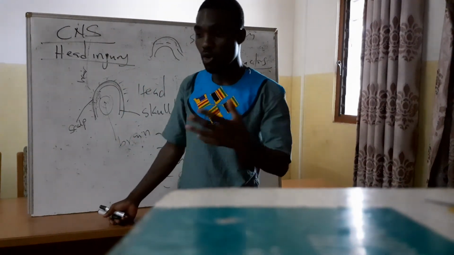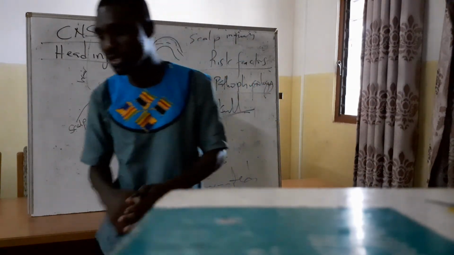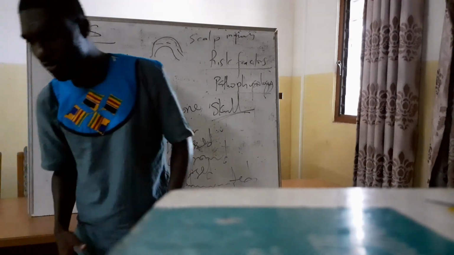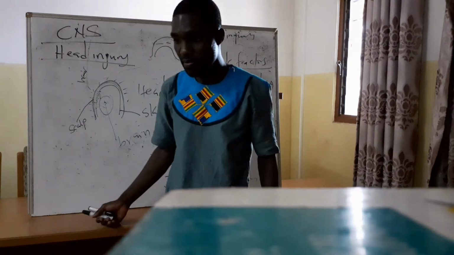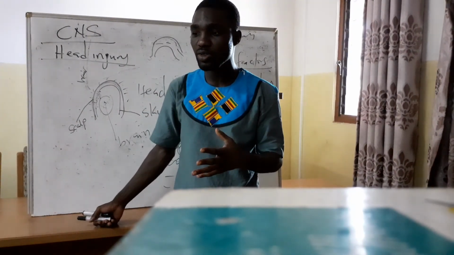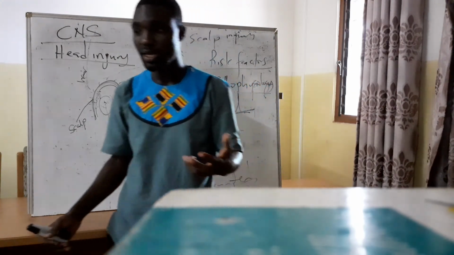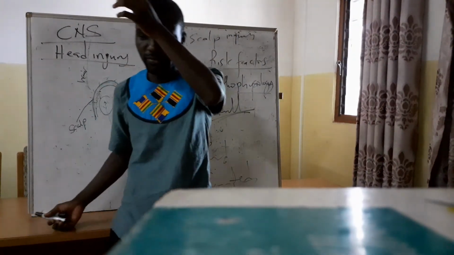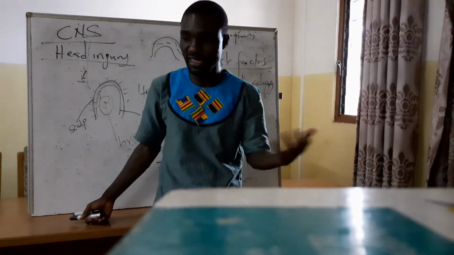We can also have comminuted skull fracture where the skull bones break into pieces, right? And that is what we term as comminuted skull fracture. Okay, so we can read on the others. Apart from that, it can also be classified based on the location. Skull fracture can be classified based on the location, right? So if the skull fracture occurs in the frontal part of the head, we can term it as frontal skull fracture.